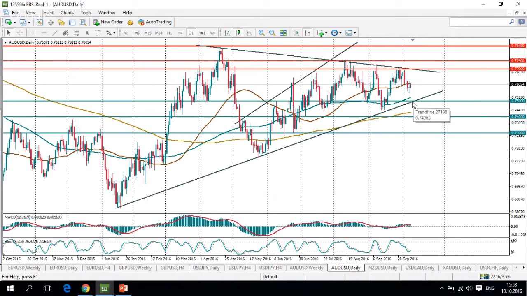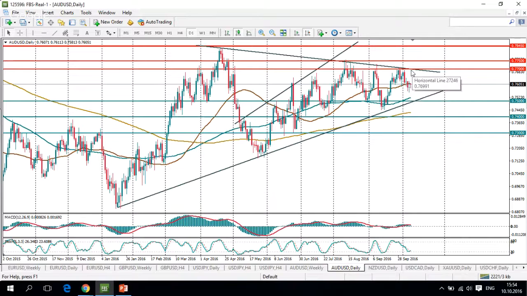This is support line of 2016. I believe that these are levels to target if we are selling Australian currency. Here the pair should find some good support, so I don't recommend you to set some bigger targets.